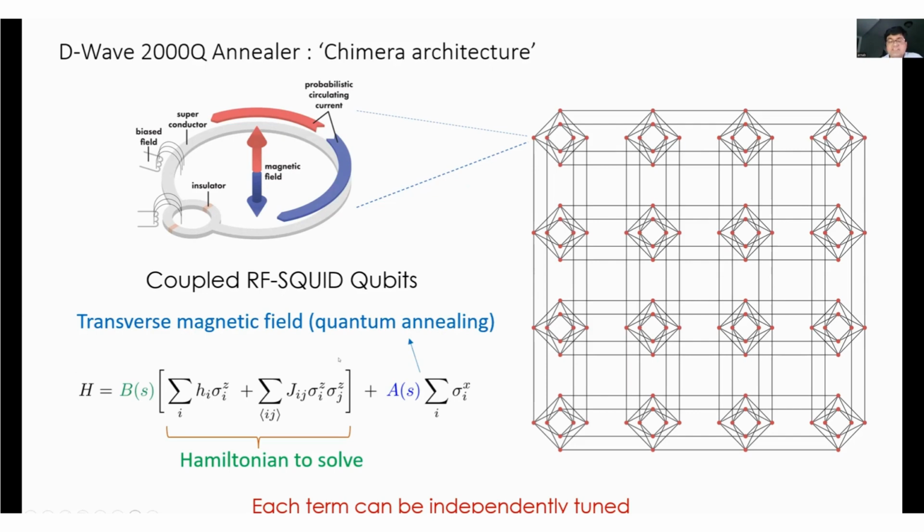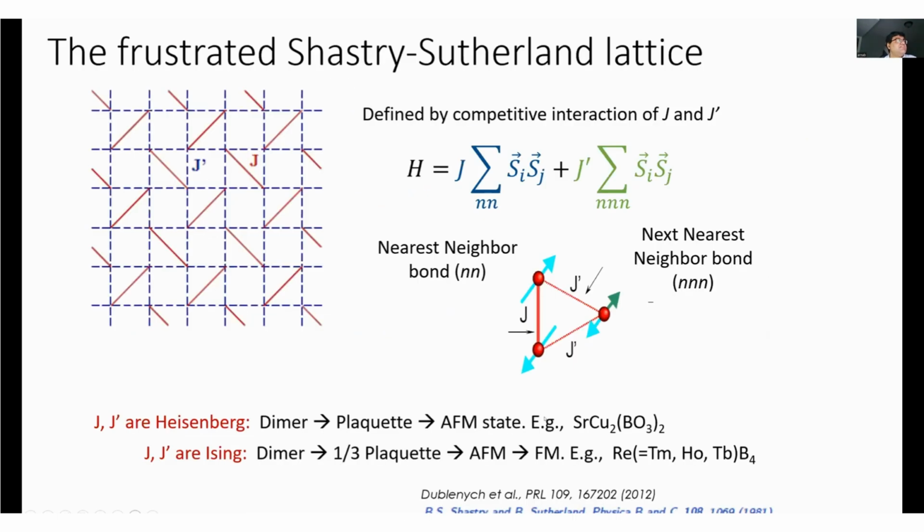This transverse field is what is finally responsible for your quantum annealing. So that's how the architecture looks. You embed your Hamiltonian using these couplers and these fields, and then you use the transverse field to do the quantum annealing.